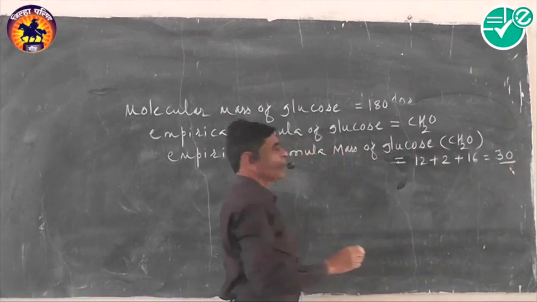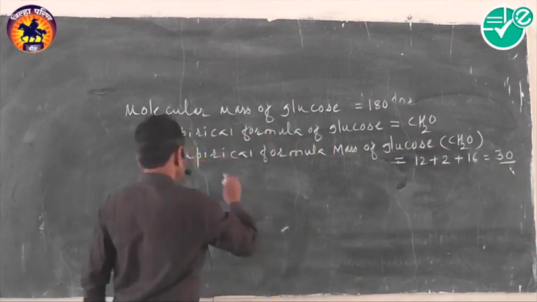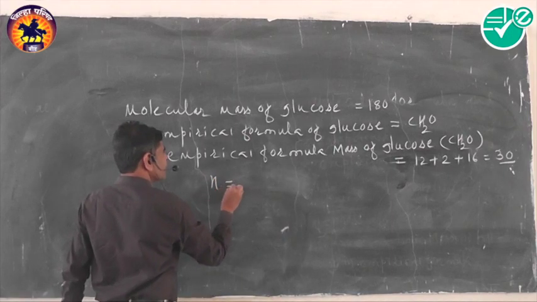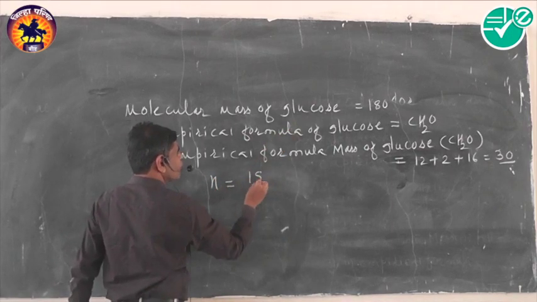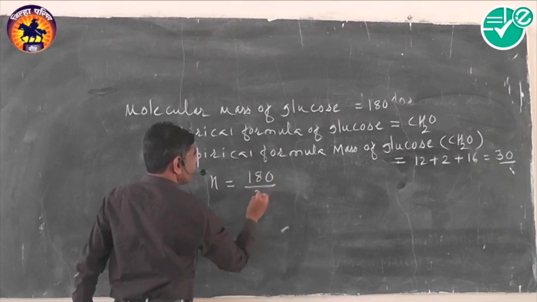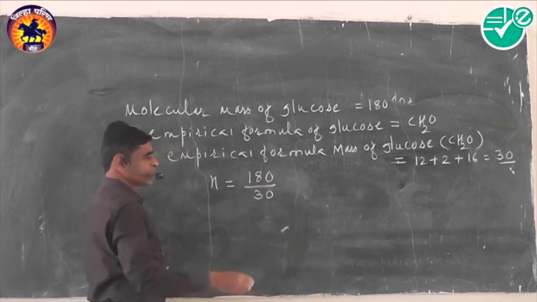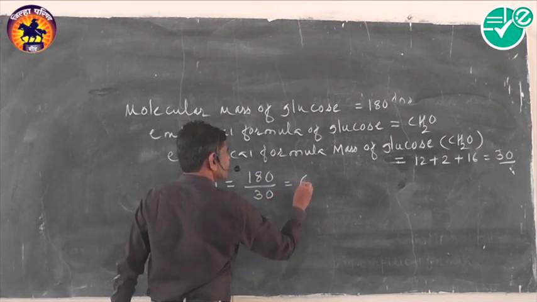So the empirical formula mass of glucose is 30, and thus n is equal to molar mass of glucose, that is 180, upon empirical formula mass of glucose, that is 30, and that is equal to 6.